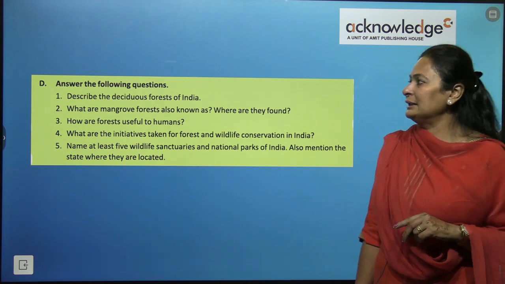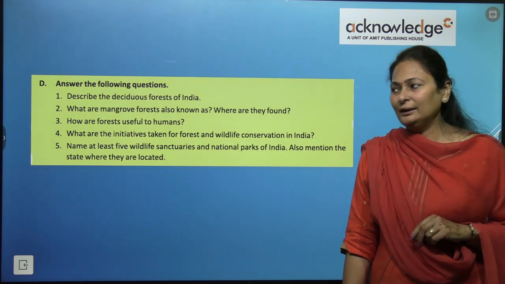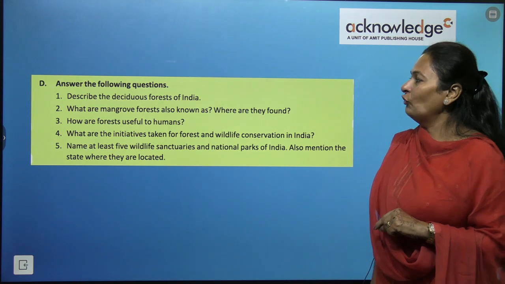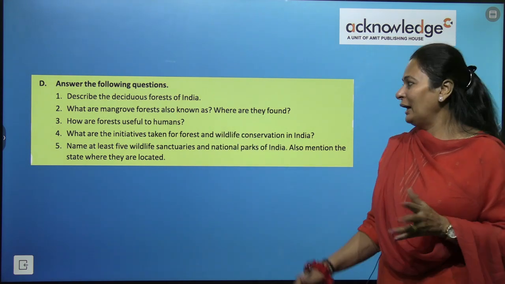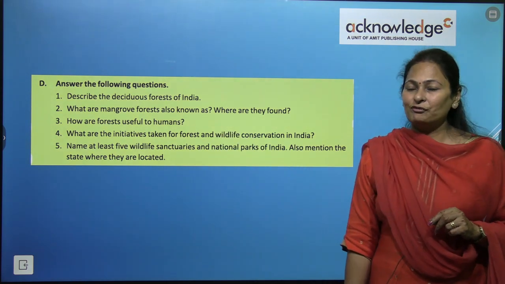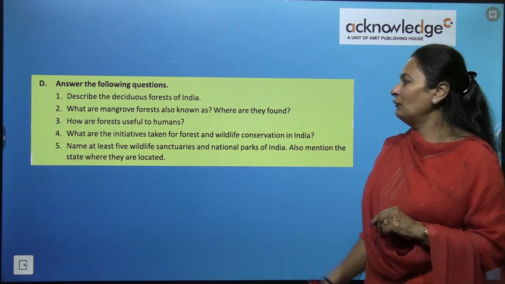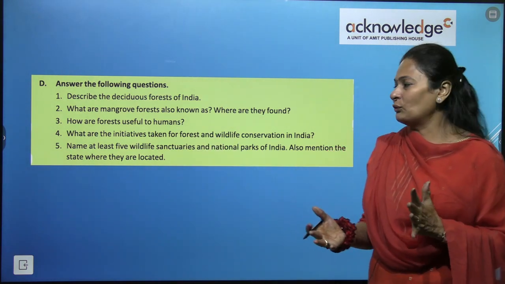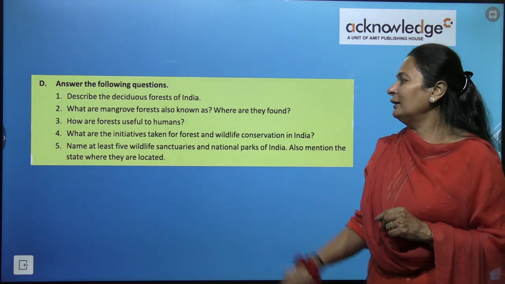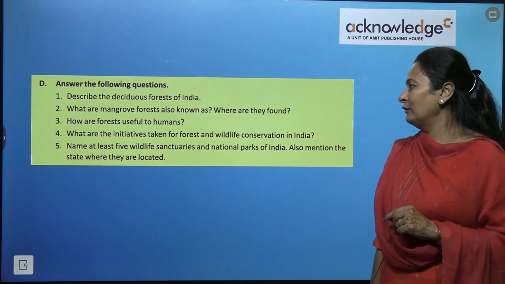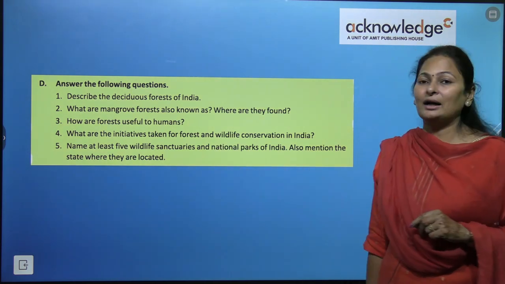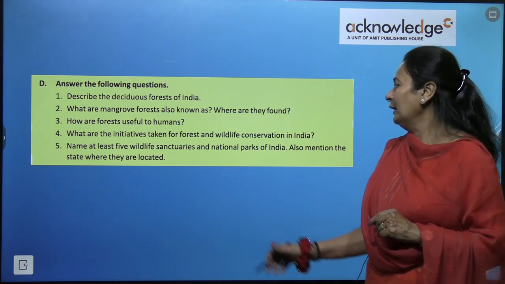So it's time for question answers, kids. Describe the deciduous forest of India. What are mangrove forests also known as, and where are they found? How are forests useful for us humans? What are the initiatives taken by the Forest and Wildlife Conservation of India?